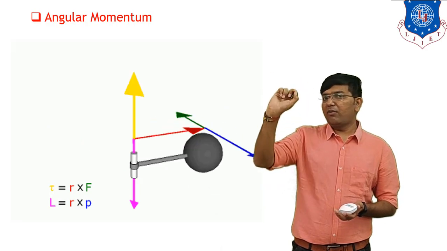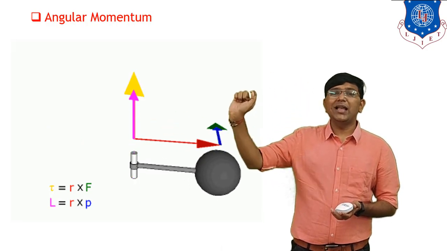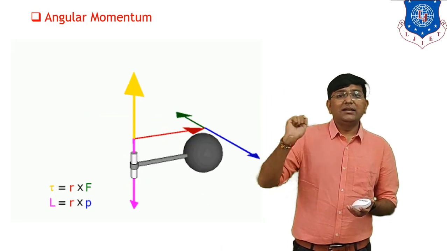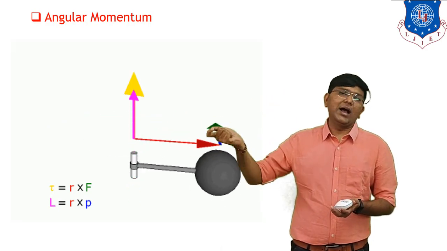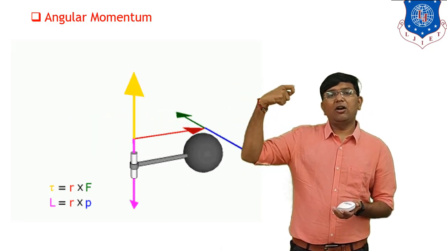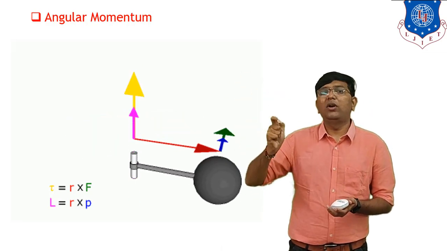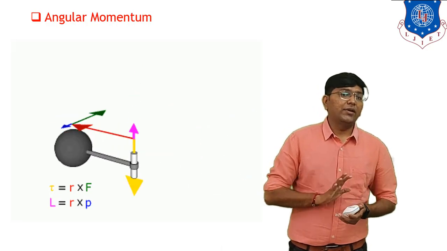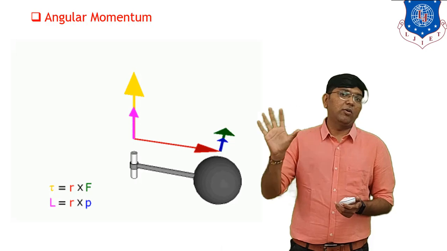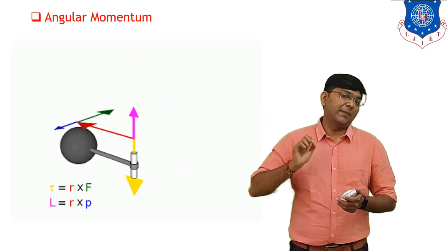So what is the equation of angular momentum? That is I into omega. Instead of mass we put capital I, and instead of linear velocity we put angular velocity. So the equation of angular momentum is I into omega.